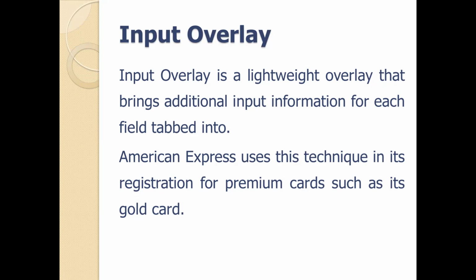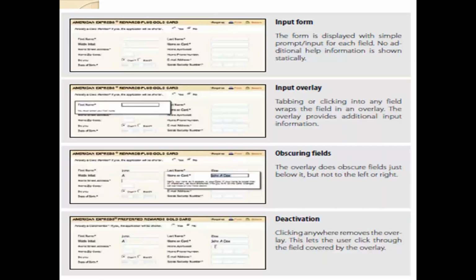When filling a form, if you want to give additional information about the input, you can use an input overlay. American Express uses this type of input overlay in its registration form.